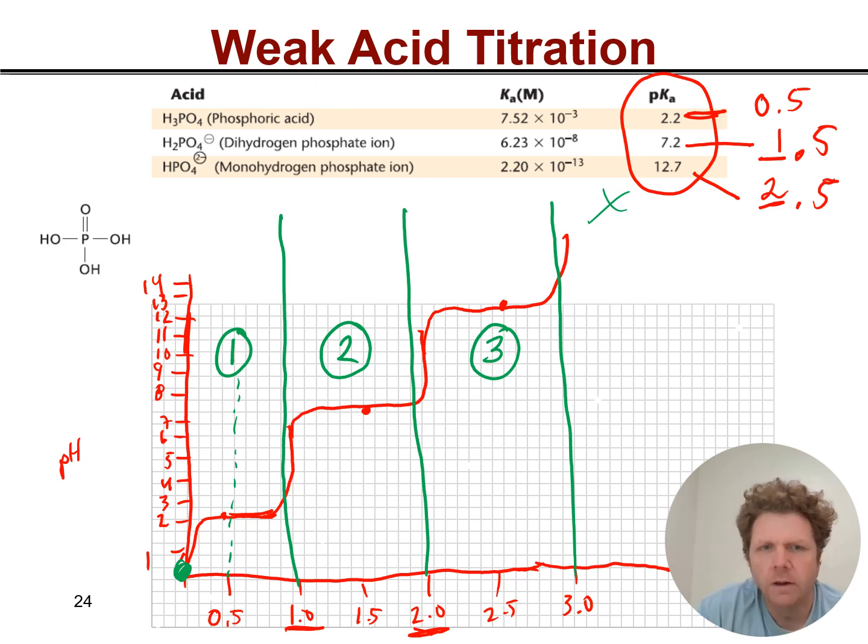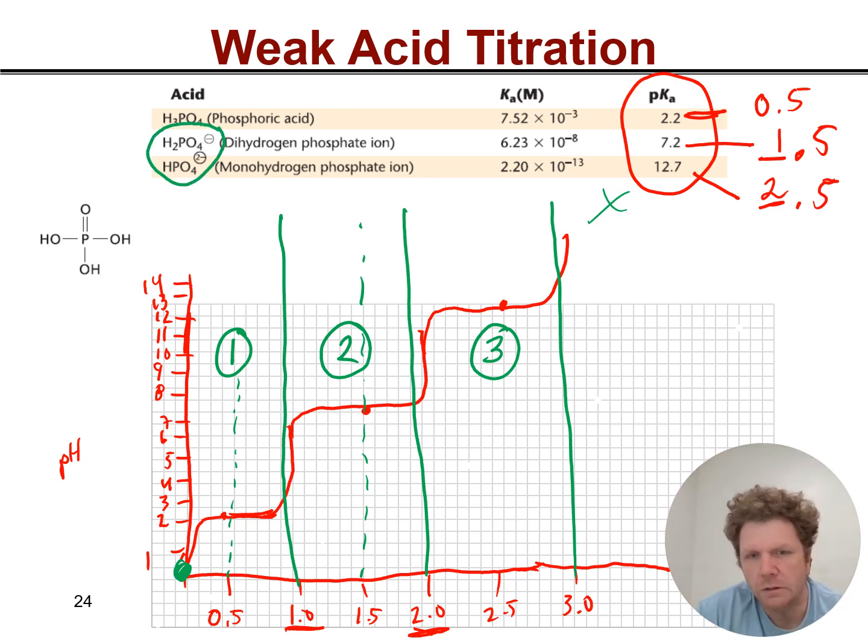And now I'm going to do a dashed line at my 0.5. At my 0.5, I have an equal abundance of these two acids. I have an equal concentration of H3PO4 and H2PO4 minus. At my next 0.5, I have an equal abundance of H2PO4 minus and HPO4 minus.